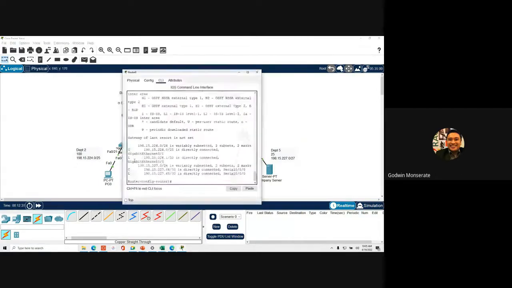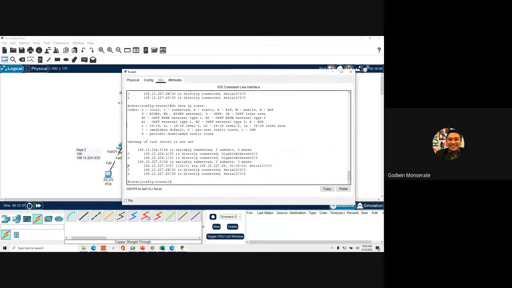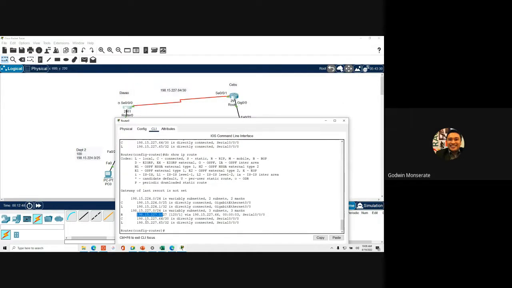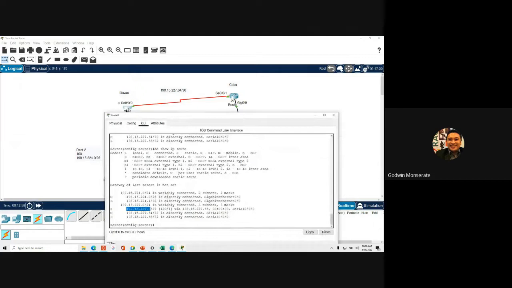Okay? So tanaw na to dire. Do show IP route here. Look at that. Naa ko'y R. So ang R na ko, nakita niya si 227. Iyang gi-route karon gi-exchange na niya ang routing table from the Cebu router to Davao. Because this is Cebu. Is it correct? 198.15.227 is Cebu network. Look at that. Okay? Yan nag-exchange karon dito sa Davao.